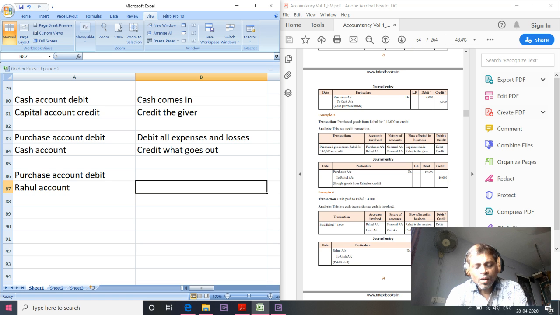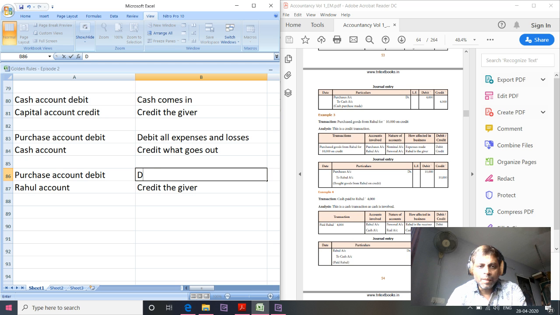More so, why we are crediting Rahul account is Rahul again is a personal account because it is a natural person. So the rule of natural person is credit the giver and debit all expenses and losses. So purchase account is debited.